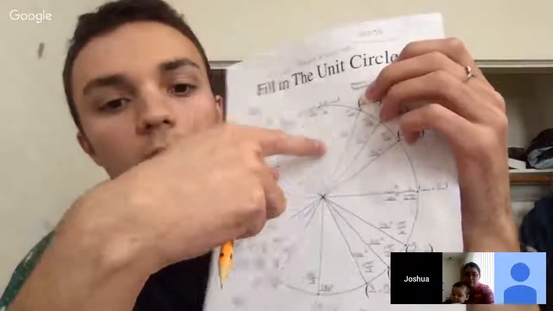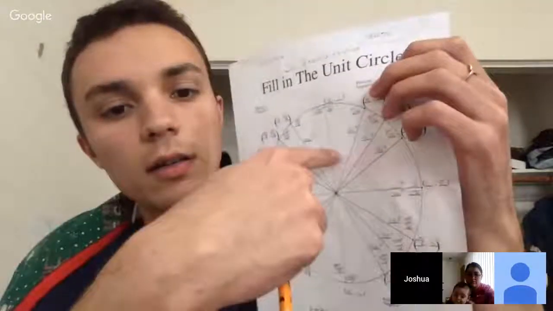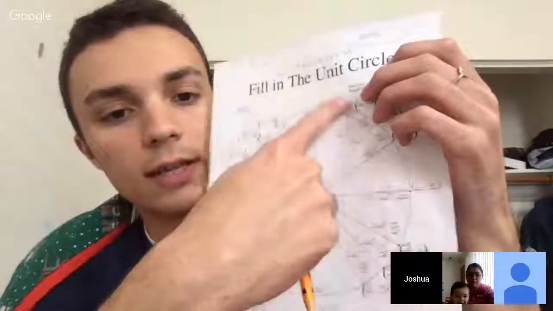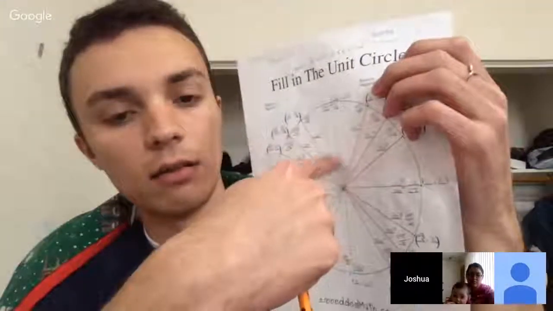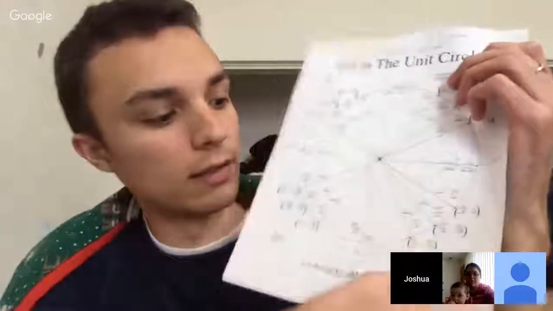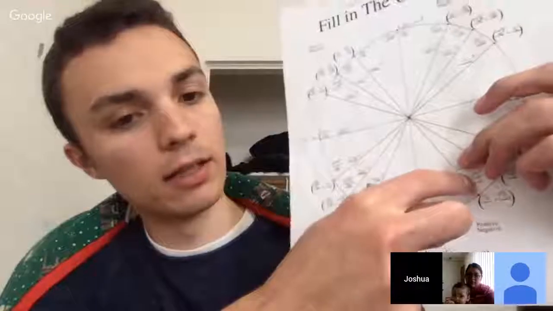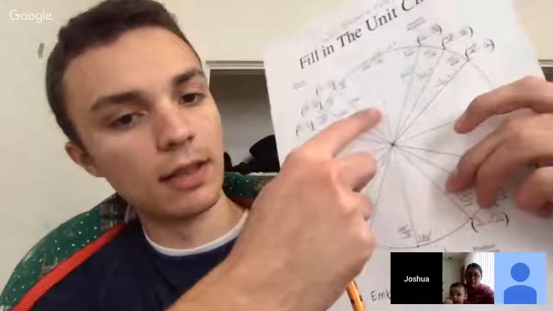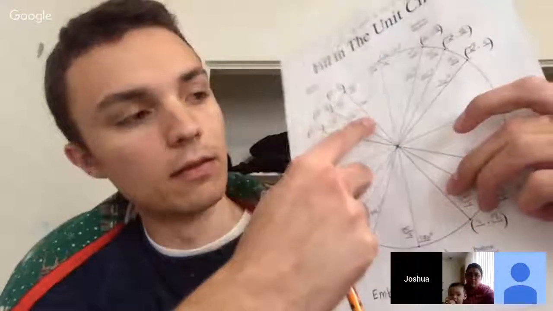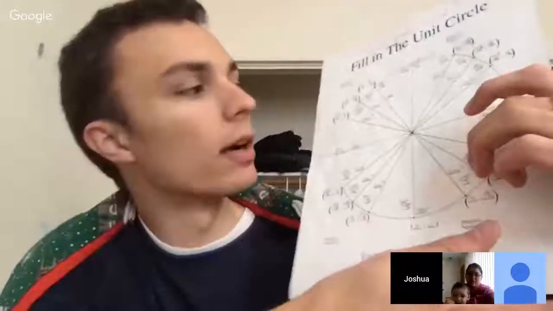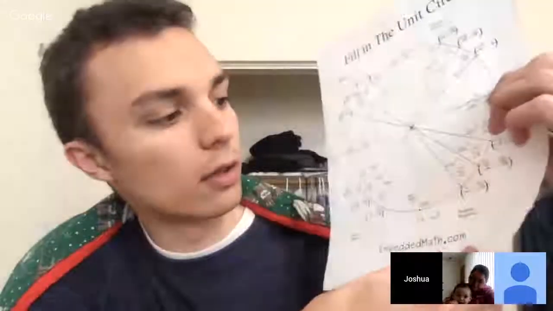So k is 1, k is 2, and it's always going to be that angle. And same with this angle down here. But if you just add pi to it, then it goes to that, which is 2 pi over 3. So these two angles, where did it go? Right here.